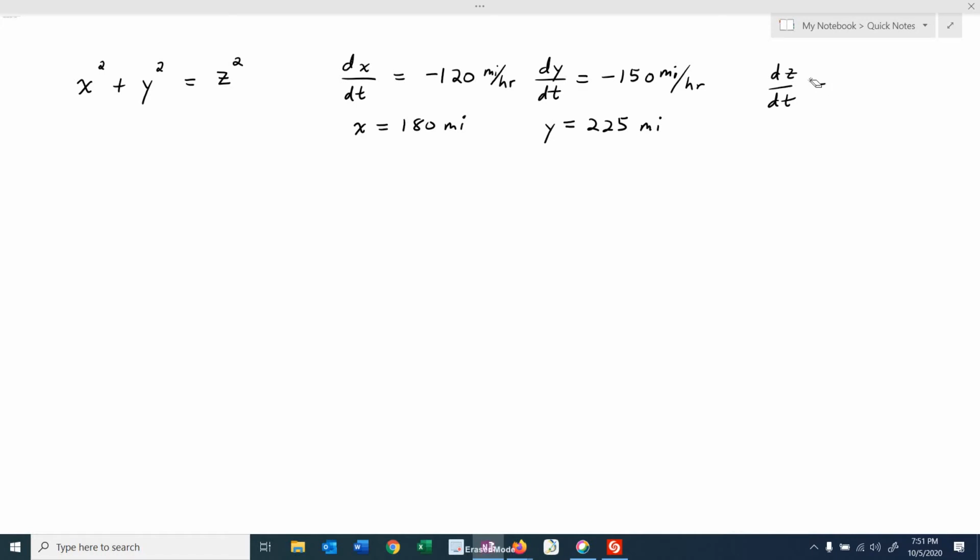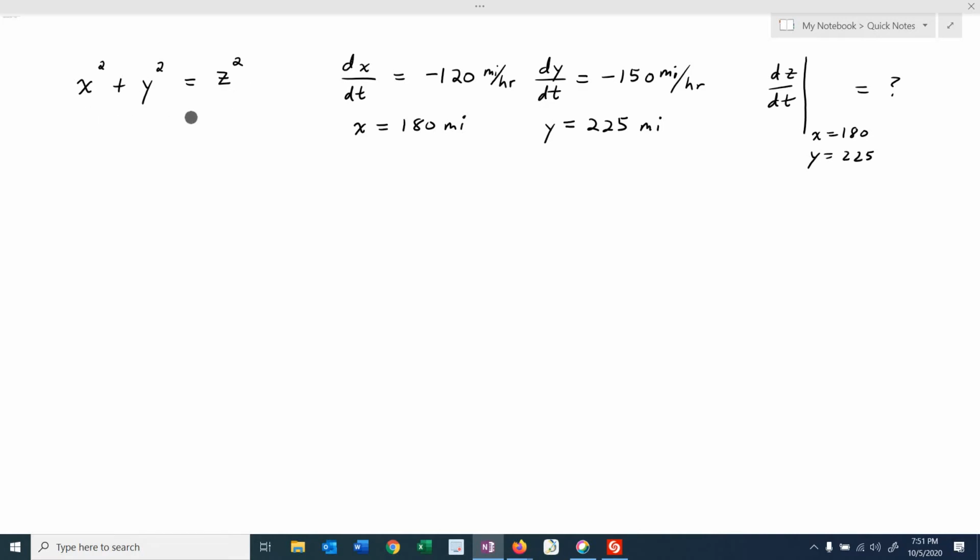In fact, we're solving for dz/dt right when x is 180 and y is 225. The westbound plane is 180 miles from the airport, and the northbound plane is 225 miles from the airport. So this is the derivative we're trying to find, evaluated at x equals 180 and y equals 225.